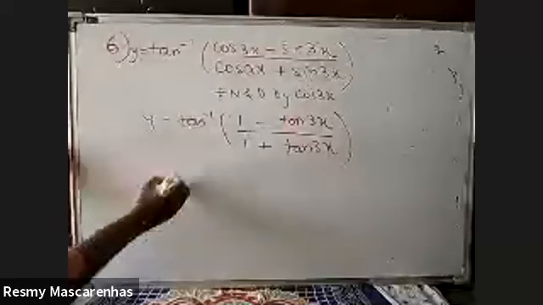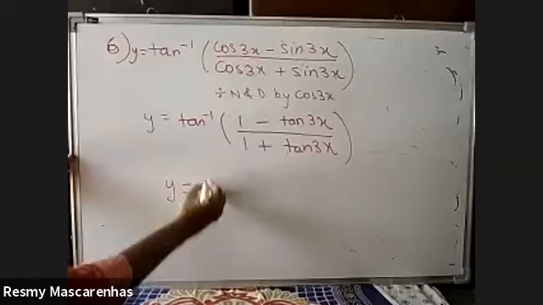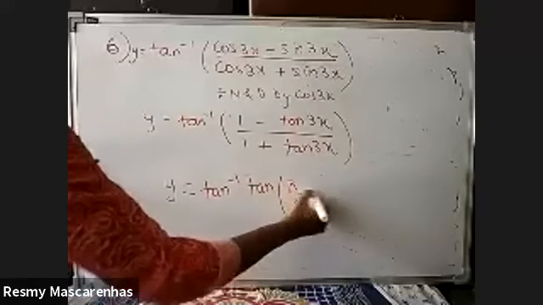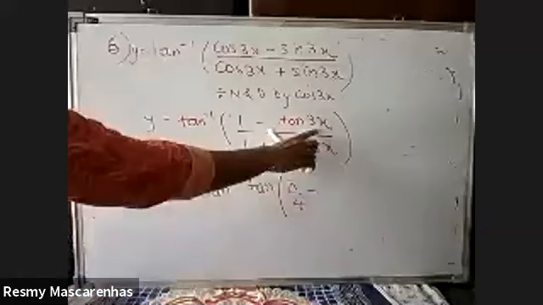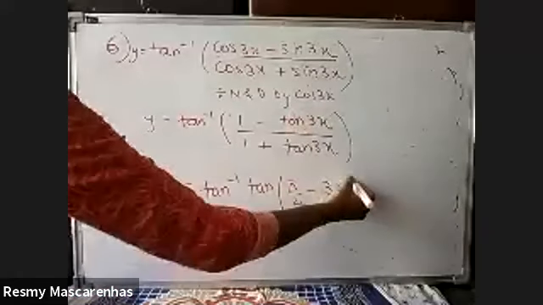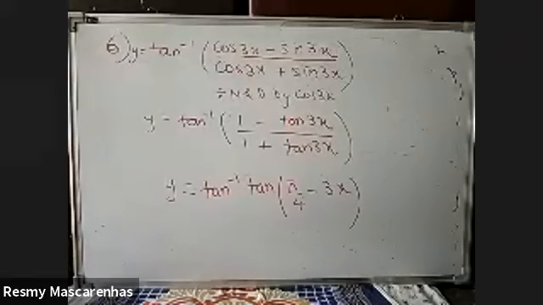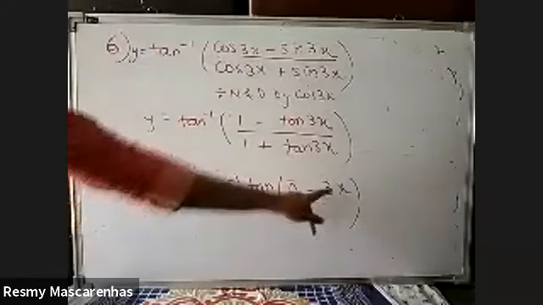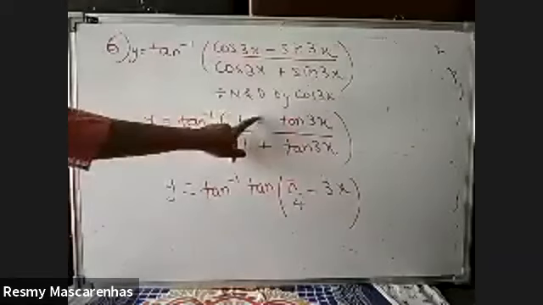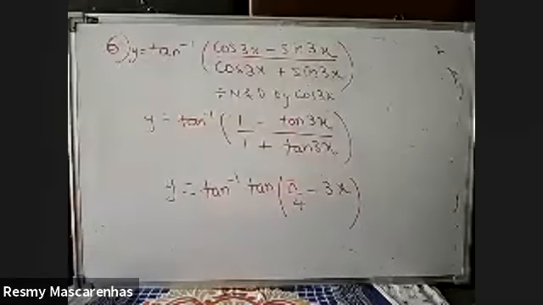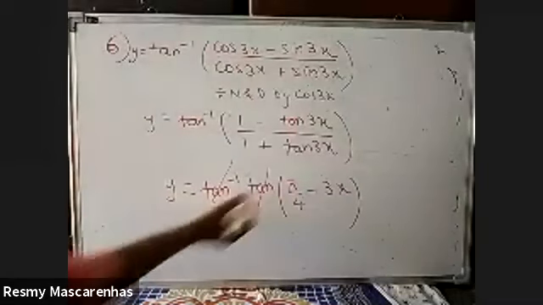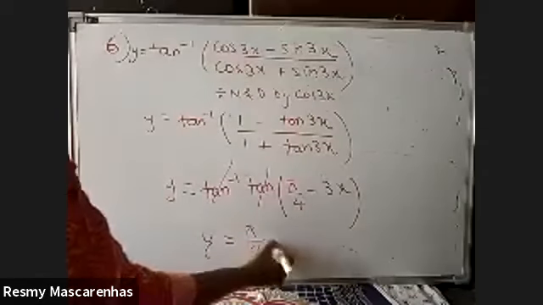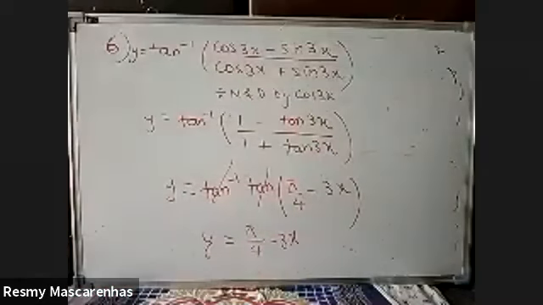If this was plus, this had to be plus. So y is tan inverse tan of pi by 4 minus theta, where theta is nothing but 3x. Now tan inverse, tan will cancel. So y will be equal to pi by 4 minus 3x.